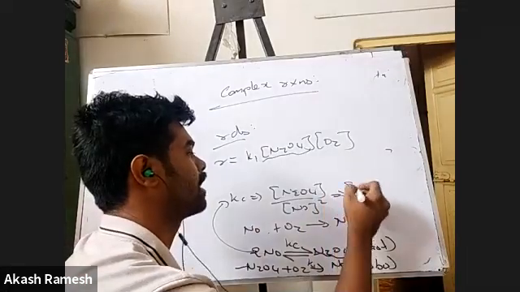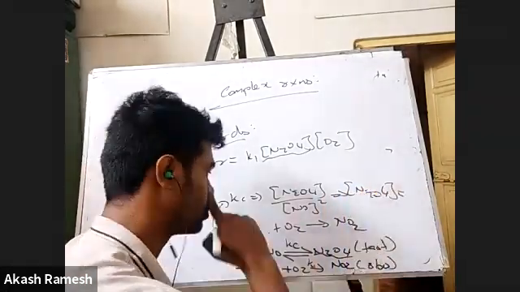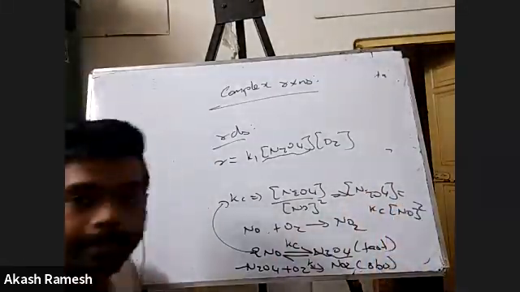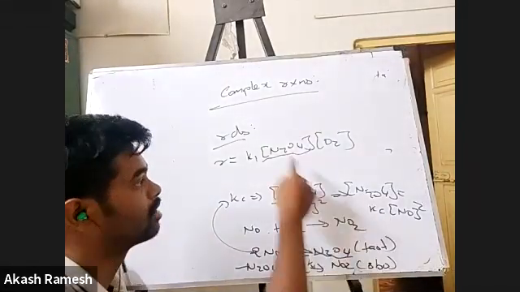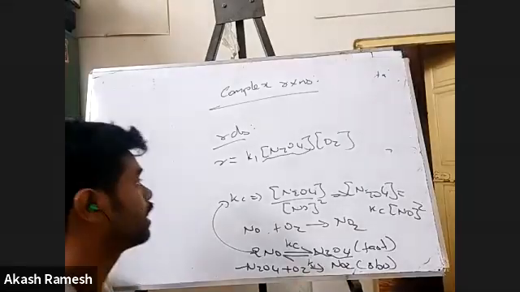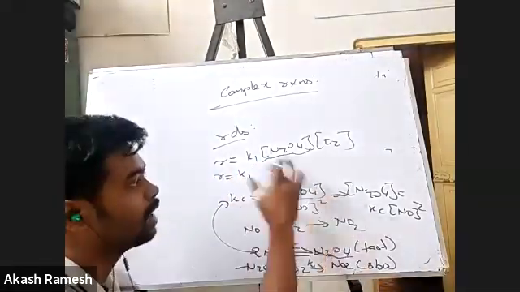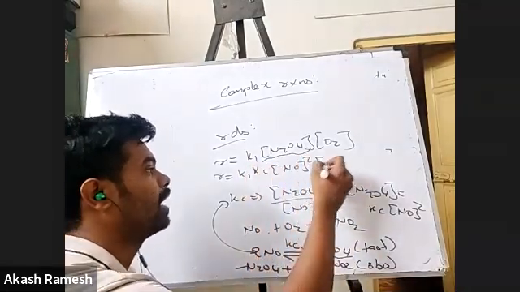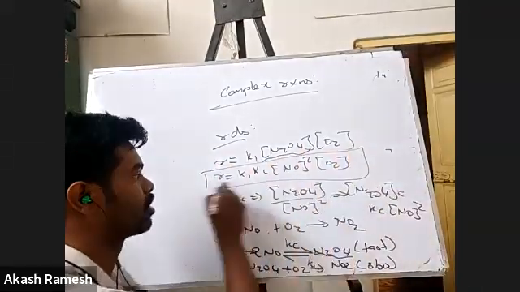The concentration of N2O4 will be equal to Kc into NO squared. Correct? Now substitute this here. What are you going to get? R is equal to K1 into Kc into NO squared into O2. That's it. This is the rate law equation.